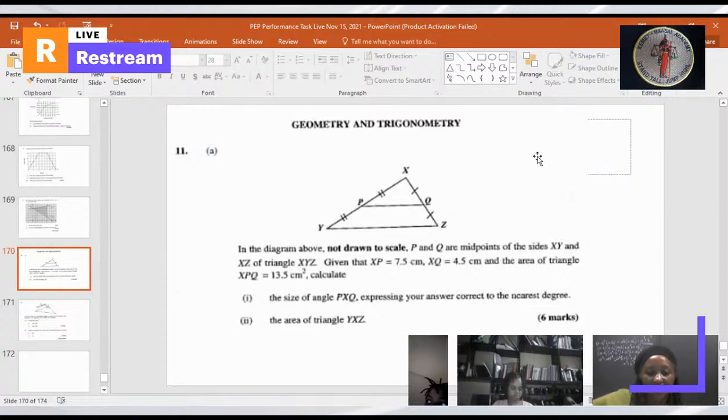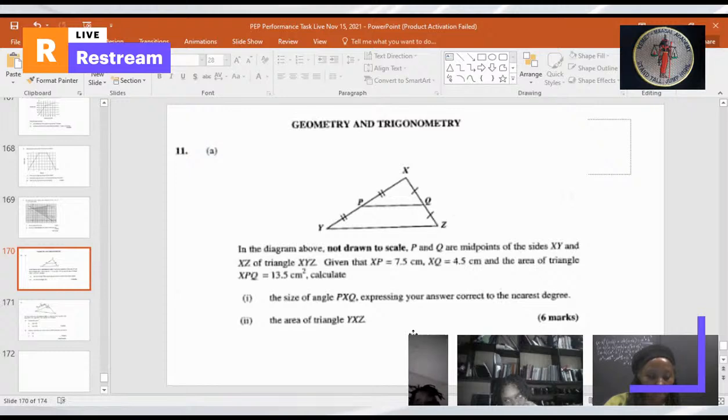Given that XP is 7.5 centimeters, XQ is 4.5 centimeters, and the area of triangle XPQ is 13.5 centimeters squared, they want you to calculate the size of angle PXQ, expressing your answer correct to the nearest degree, and they want the area of triangle YXZ. I want each of you to read over this question for me.